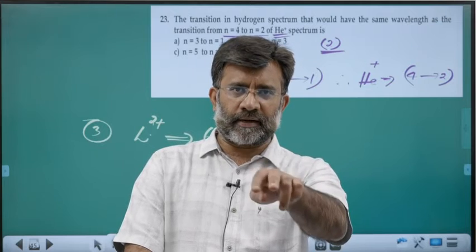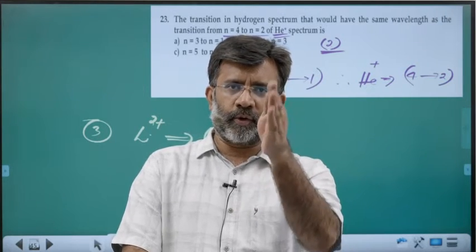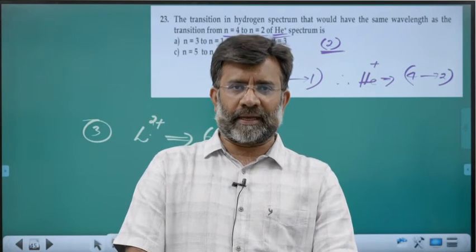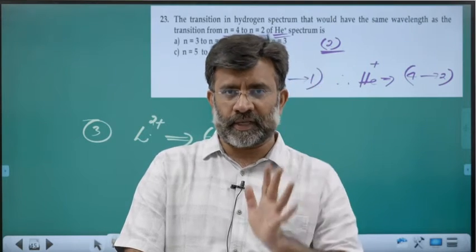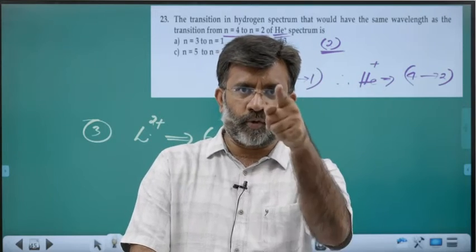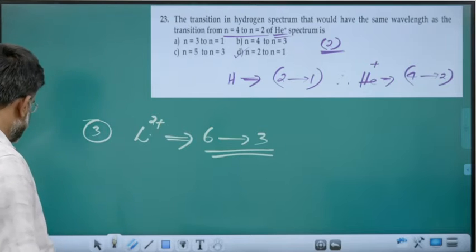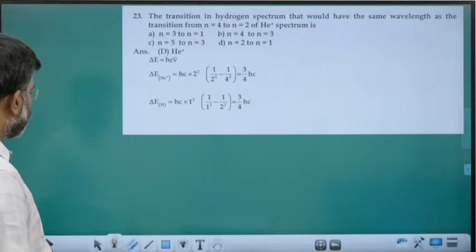The hydrogen transition, the corresponding transition for the others will be into atomic number. That's a very simple idea to find out the answer. For a particular transition of hydrogen, the equivalent transition in other Bohr atoms will be into atomic number. Okay. Next. It is option D.